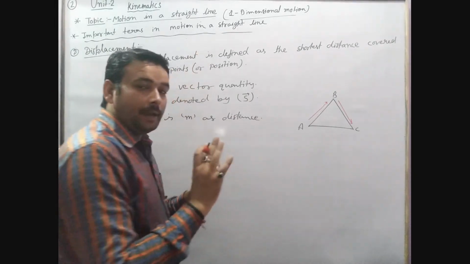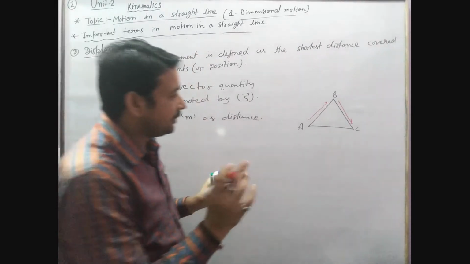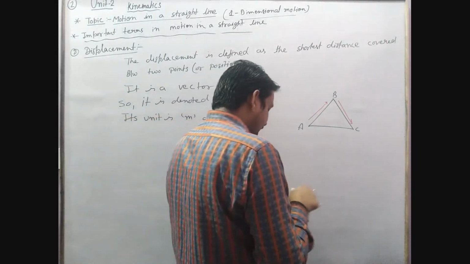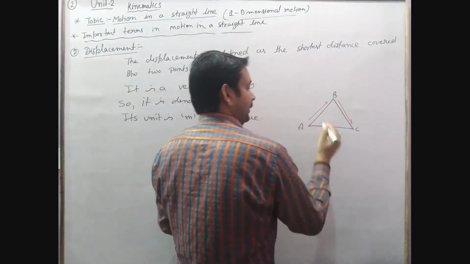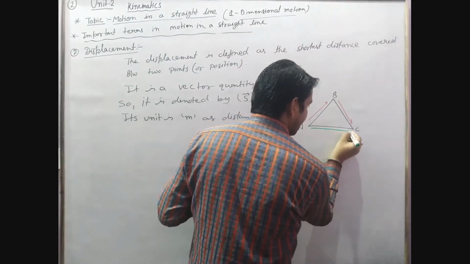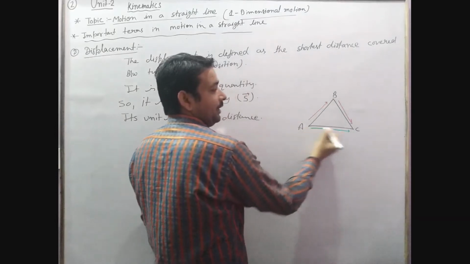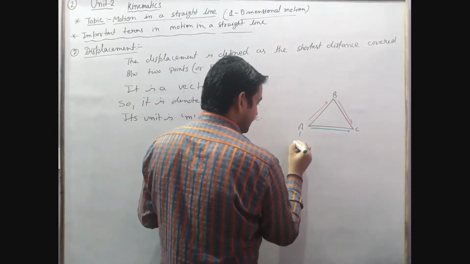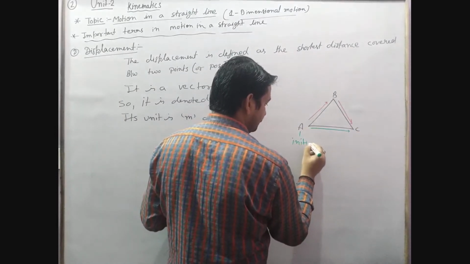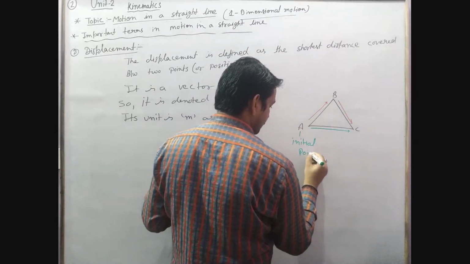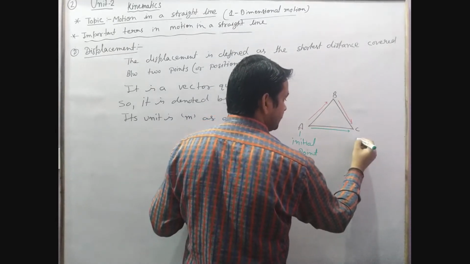It is the shortest distance between the two points. So here the displacement is measured from point A to point C, where A is the initial point and C is the final point.